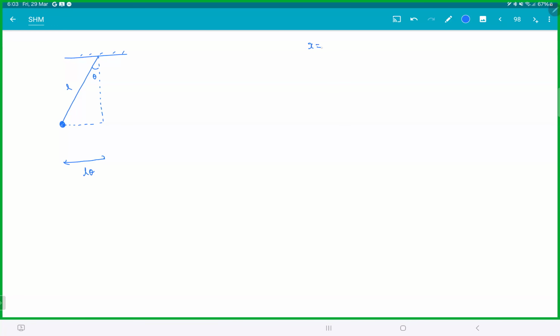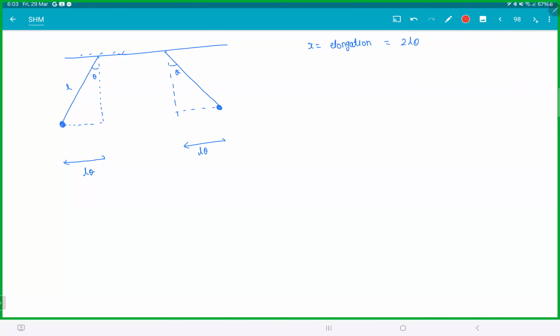So the elongation in the spring X will be 2 times L theta. So when you displace by theta, elongation is L theta.